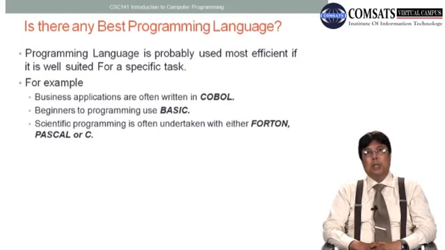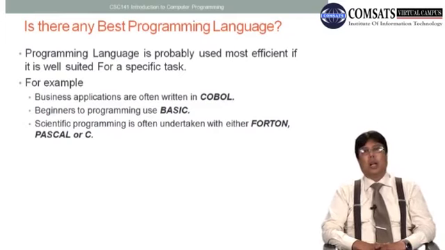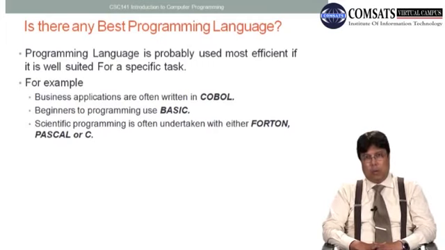For scientific purposes, C came at a very late stage. Fortran has been there from the mid-50s. We had Fortran, then Fortran IV, then Fortran 77, then Fortran 90. Fortran stands for formula translation. It is most suited for scientific programming.